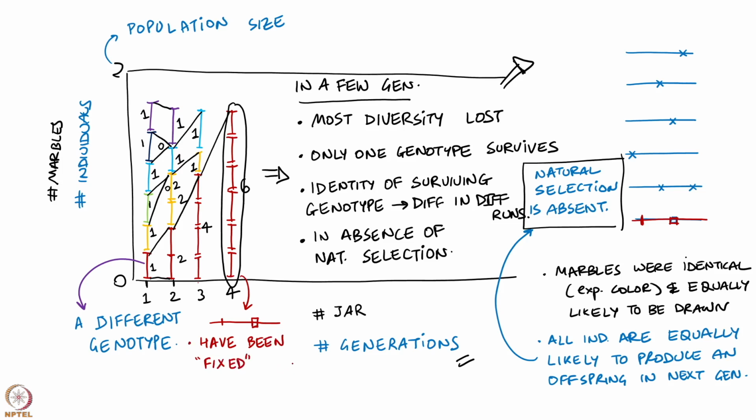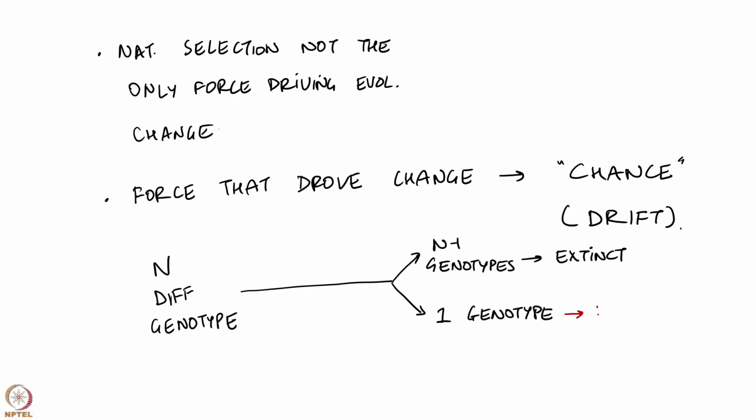Alternatively, they are also referred to as having reached fixation. So, we will say one genotype has become fixed in the population, and that's a technical term used in evolution.